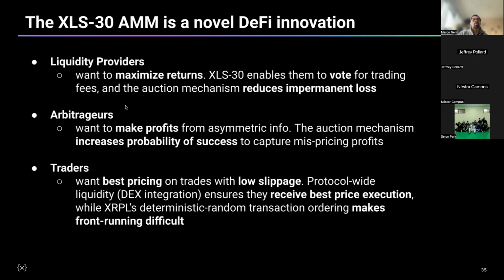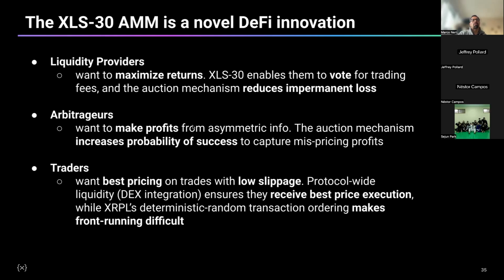The idea, again, is that this is a mechanism that has different roles, like the LPs, the liquidity providers, that we talked about. They just want to maximize returns and have less impermanent loss. The arbitrageurs are the ones who will take advantage of the auction mechanism.